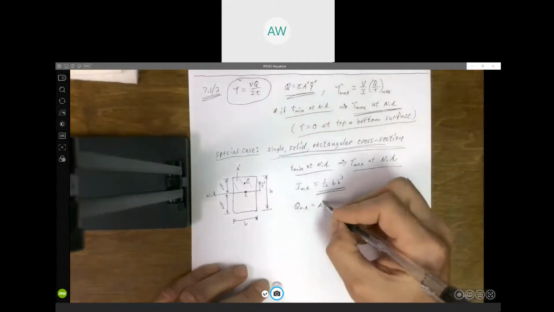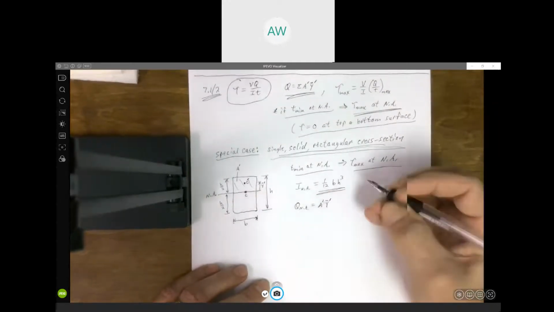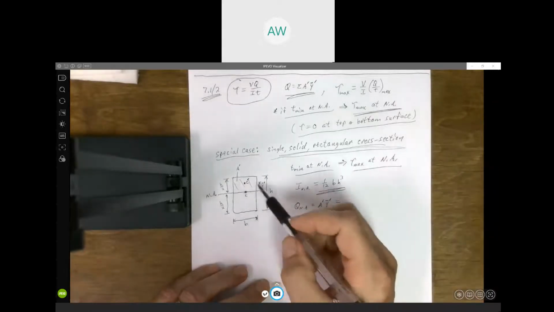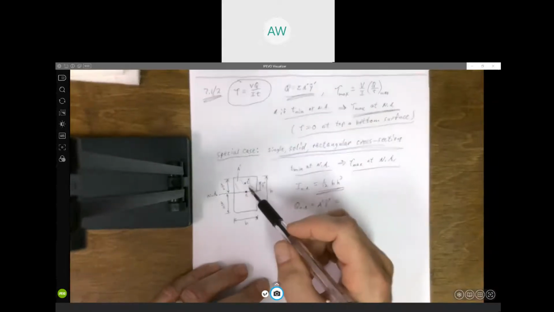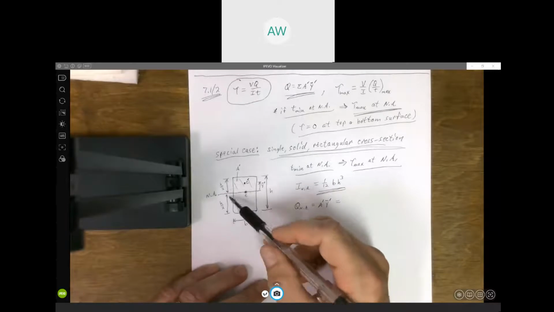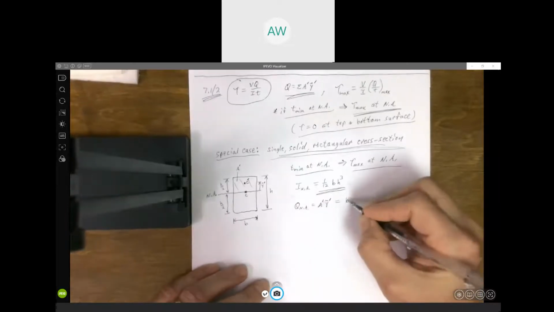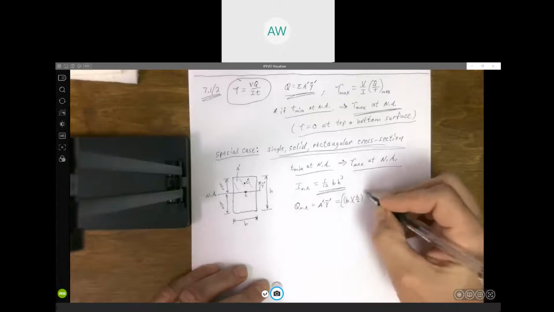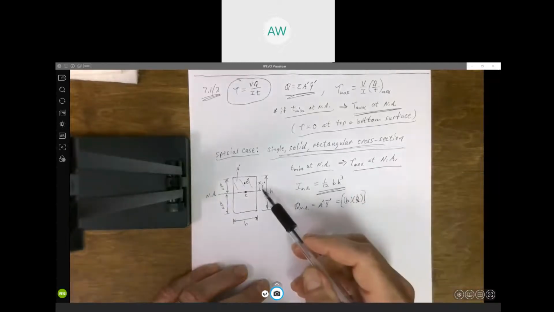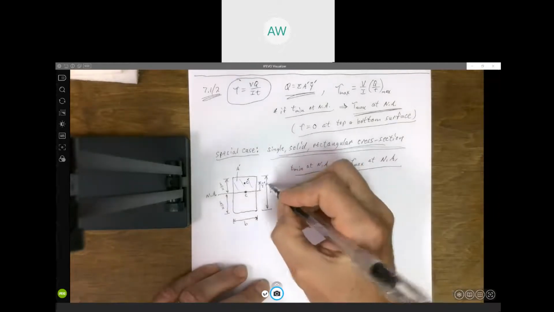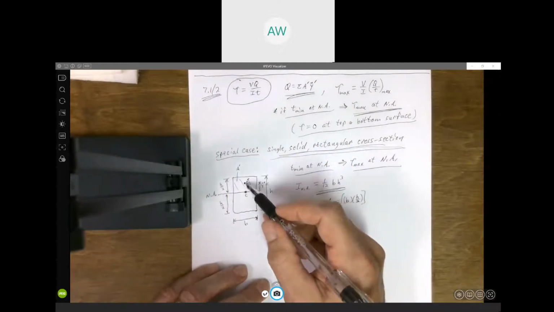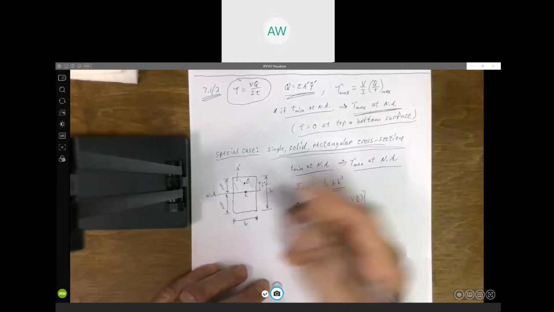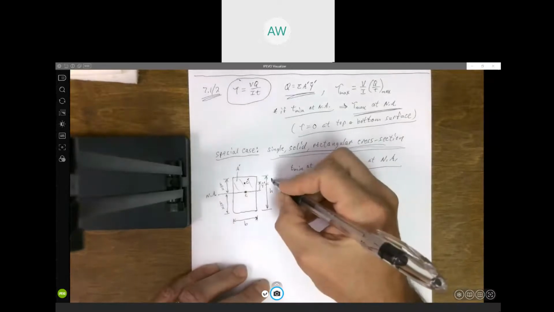So we take A prime times y bar prime. Now, this area up here, A prime, has width b and height h over 2, so it would be b times h over 2. And y bar prime, the distance from the neutral axis to that centroid, would be half of h over 2, which would be h over 4.